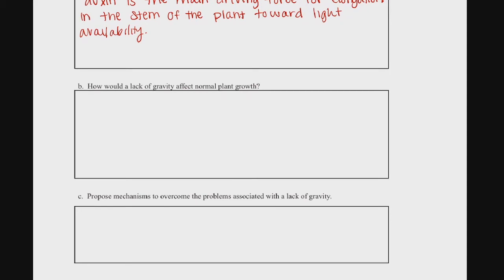B, how would lack of gravity affect normal plant growth?